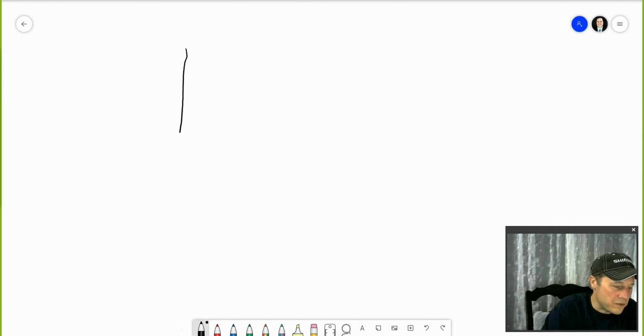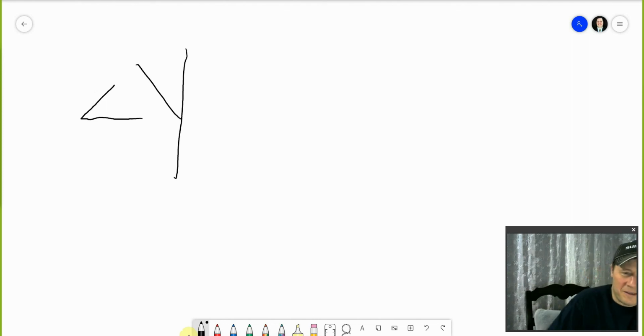Now, I'm telling you that this is a straight line, no matter how it looks. I'm going to make this just a little bit clearer. They're all straight lines, trust me.